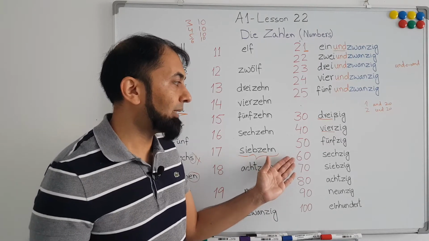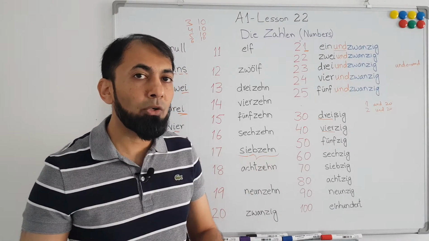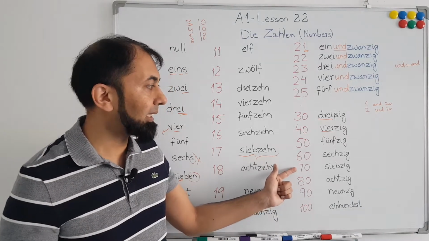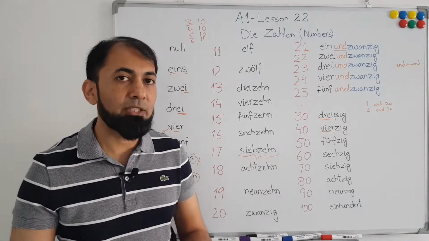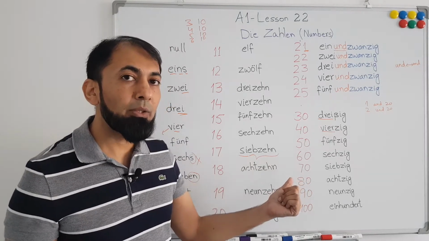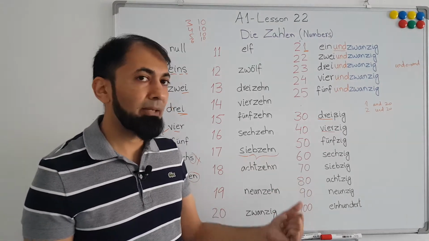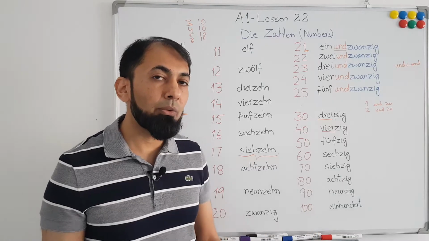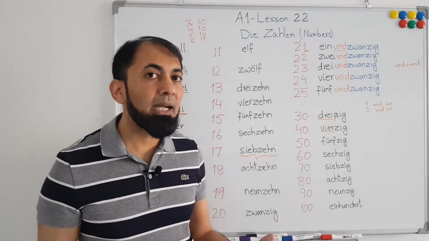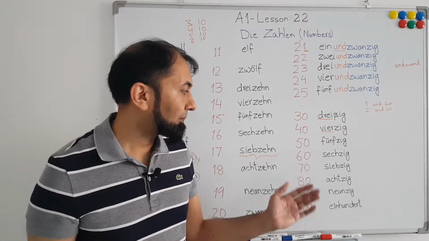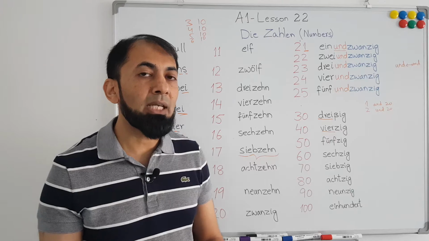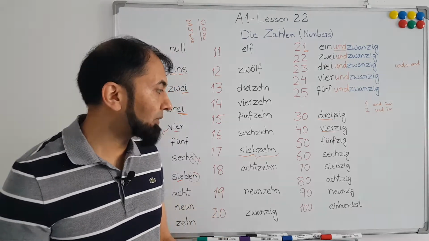Until 69, which will be neun und sechzig. Then comes 70, siebzig. 71, ein und siebzig. 72, zwei und siebzig. 73, drei und siebzig. Then similarly until 79, which will be neun und siebzig.